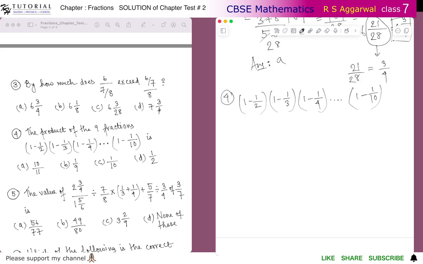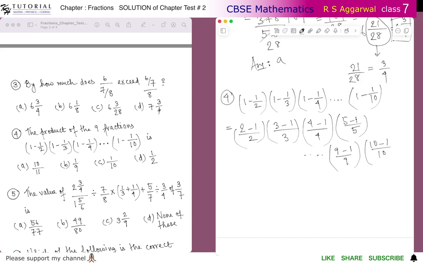So the first term becomes 2 minus 1 by 2, and 3 minus 1 by 3. This becomes 4 minus 1 by 4. The next will become 5 minus 1 by 5. Similarly, this will be 9 minus 1 by 9, and the final will be 10 minus 1 by 10.